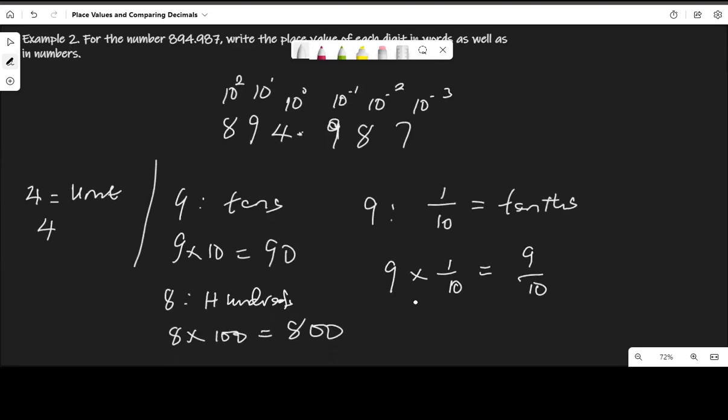And for 8, the place value of 8 there is 10 to the power of negative 2, which is 1 over 10 to the power of 2, which is 1 over 100. And 1 over 100, we write it as hundredths. So in words, the place value of 8 is hundredths. So the 9 is supposed to be 9 tenths.